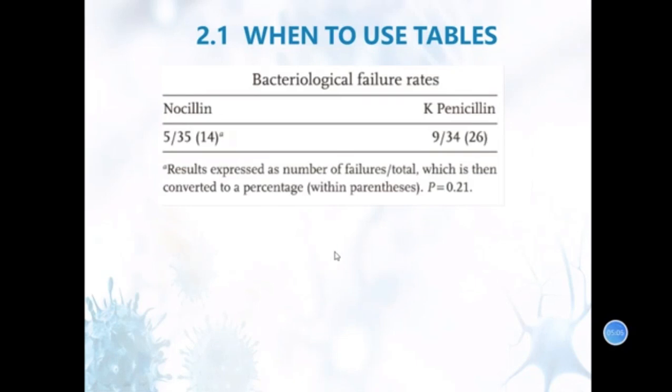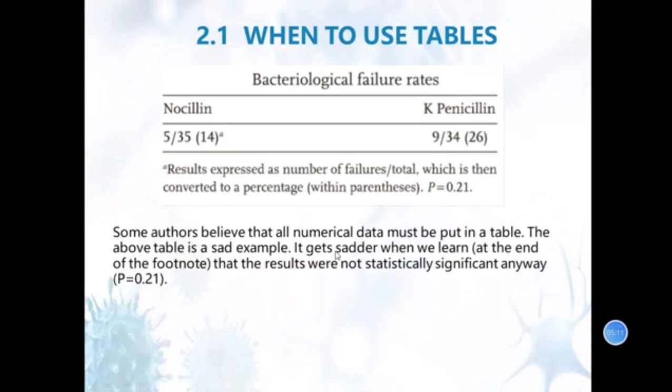How about this? Bacteriological antibiotic results. Some authors believe that all numerical data must be put in a table. The above table is a sad example. It gets worse when we learn that the results were not statistically significant anyway. In this case, we also do not use the table. Just use some text, some words is enough.